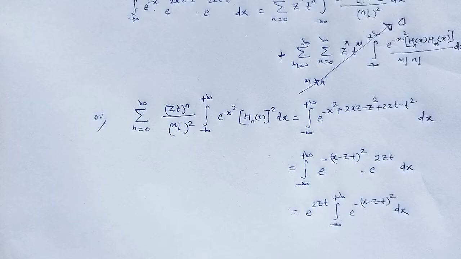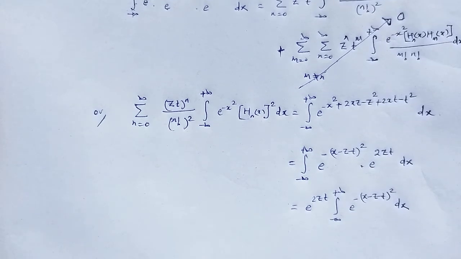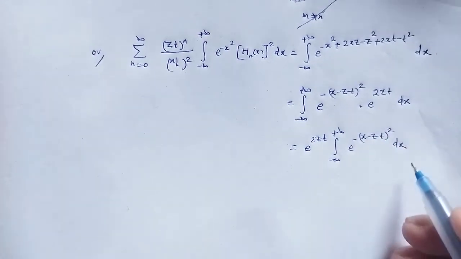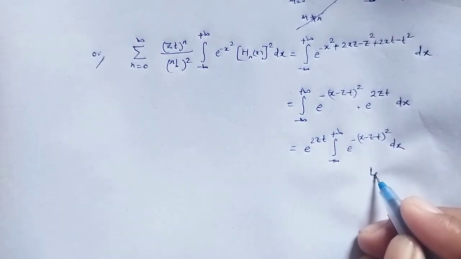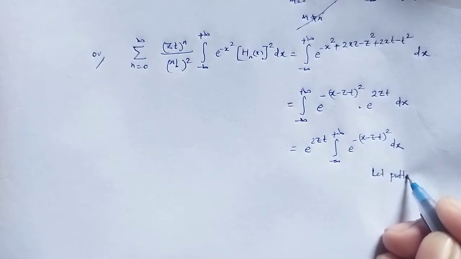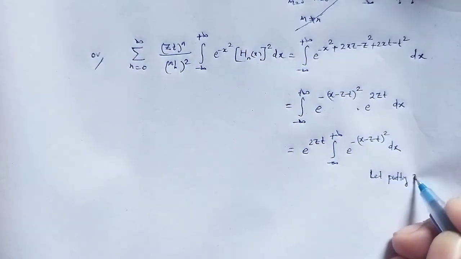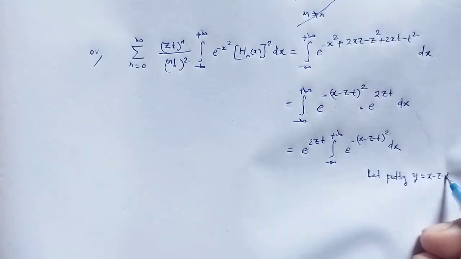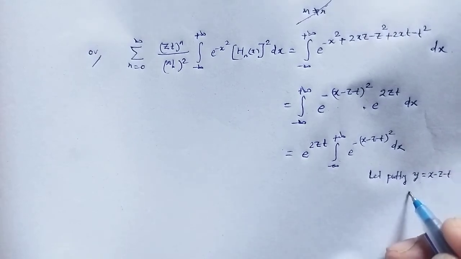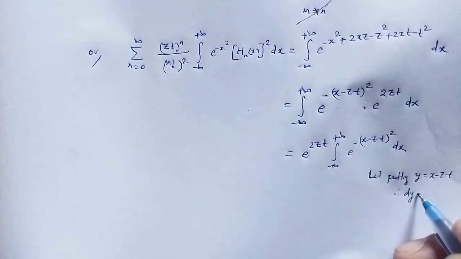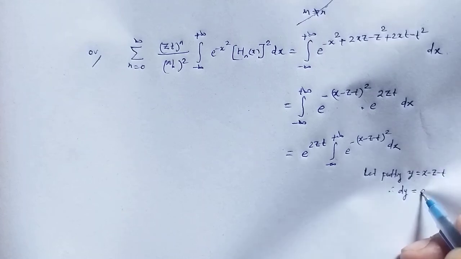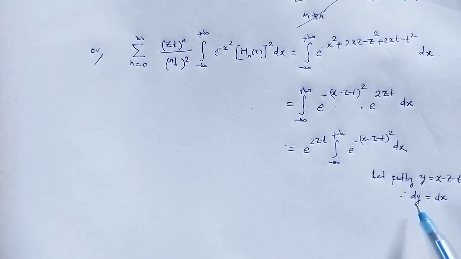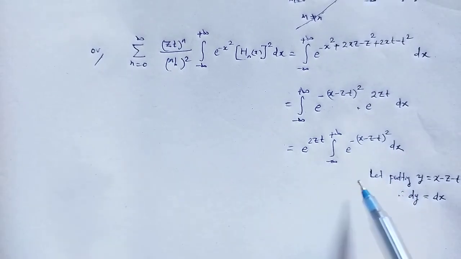To solve that integral, let us put y equal to x minus z minus t, then dy will be dx, and also the limits change from minus infinity to plus infinity.